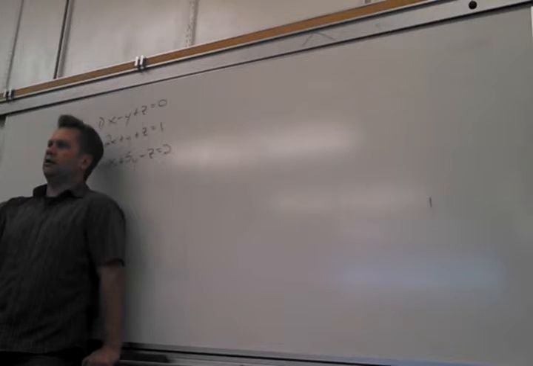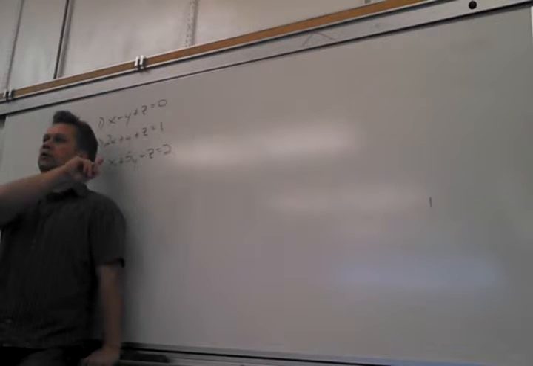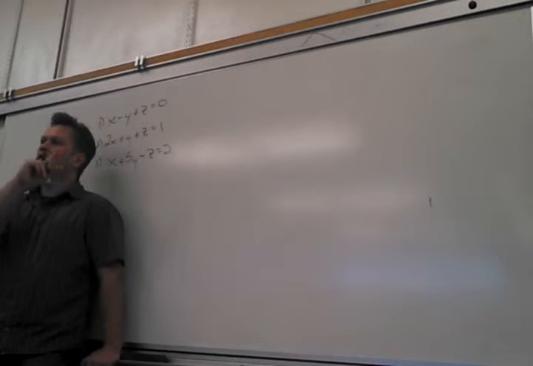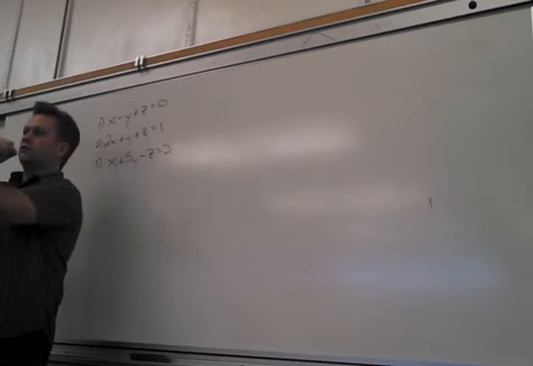Because the answer has to be a number or some numbers. Here the answer has to be what kind of thing? What was the real answer to the two-dimensional problem we had earlier? 2, 1. Yeah, geometrically, it's a point, right?